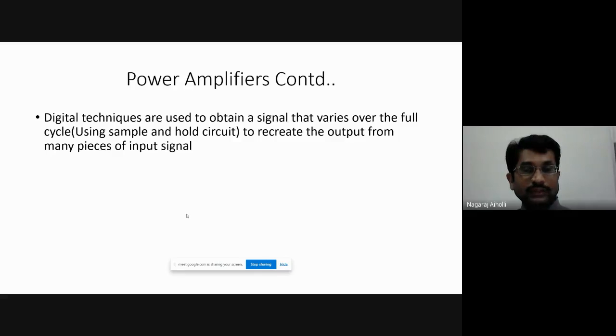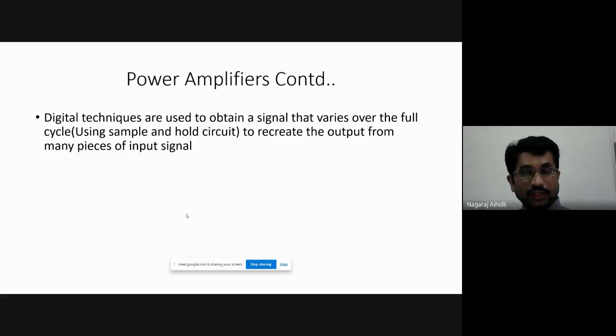Now, why this sample and hold circuit is necessary is that its output is applied to analog to digital converters, ADC. An ADC is a circuit which converts the applied analog signal into a digital output signal. Such circuits are called analog to digital converters. This sample and hold circuit is used so that the input to the ADC circuit is a certain constant signal.